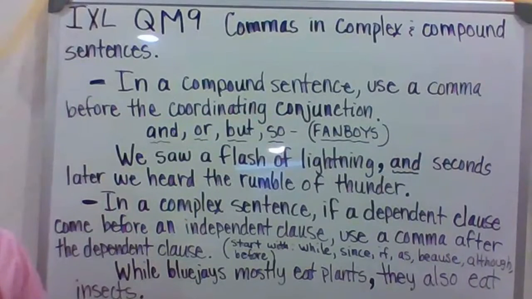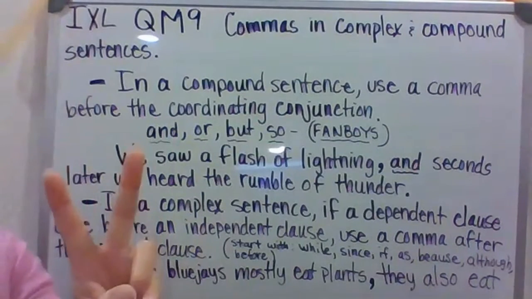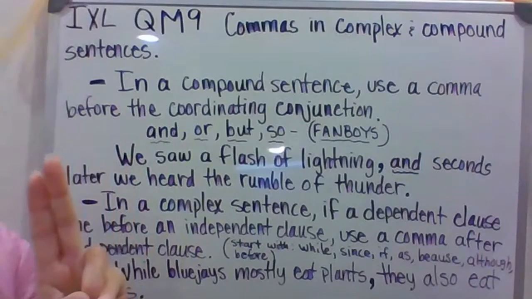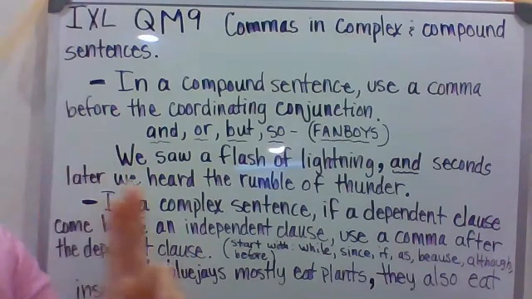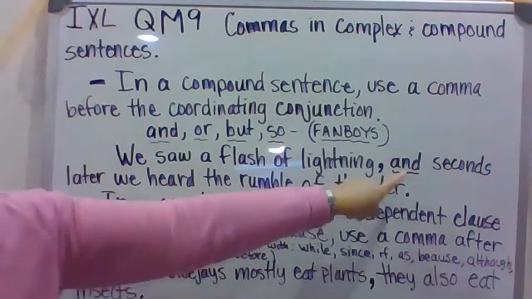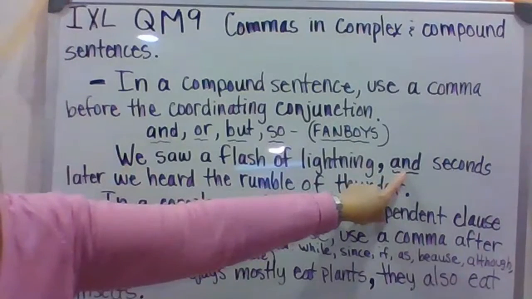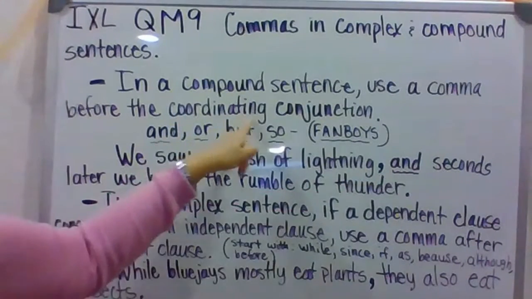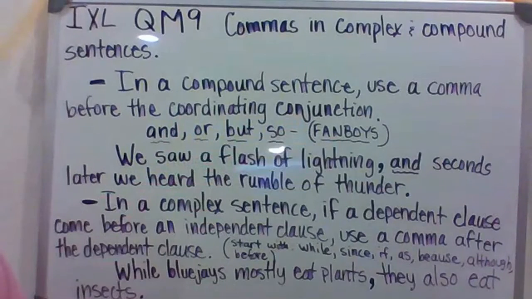Yep. That would be a good sentence all by itself. So again, taking two sentences, joining them together into one whole sentence, but you're going to insert the comma before the FANBOY, that coordinating conjunction. Those coordinating conjunctions are the FANBOYS. So that's an example of a compound sentence and how you insert the comma before the FANBOY.